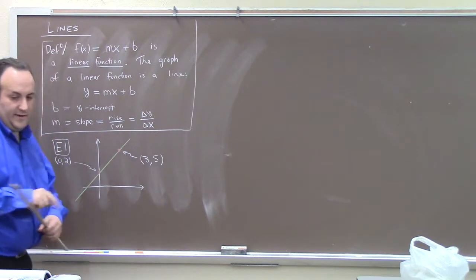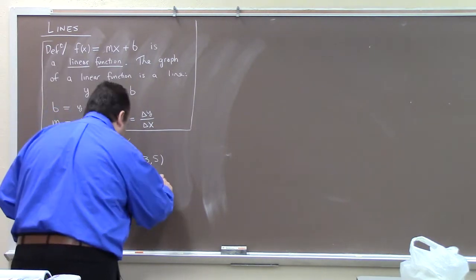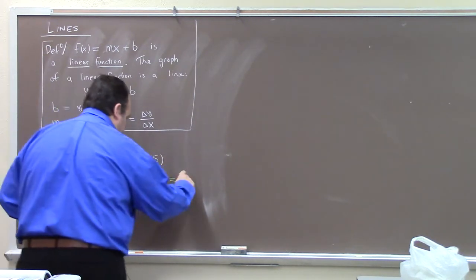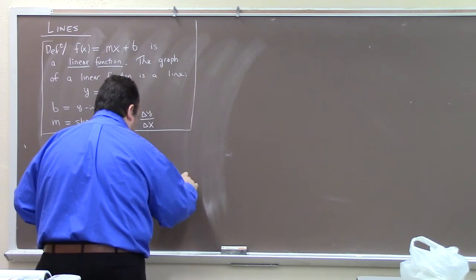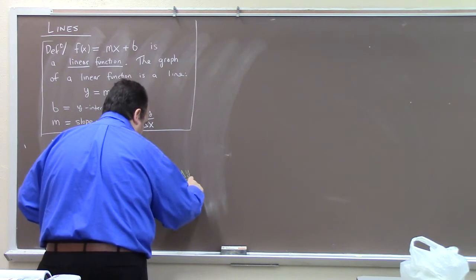The question, though, I want to ask is, what are m and b for this line, right? So m is the rise over the run, I'm going to say change in y over change in x, okay?